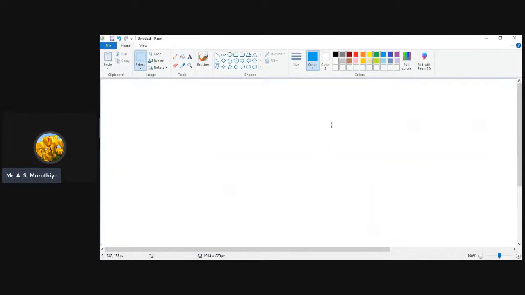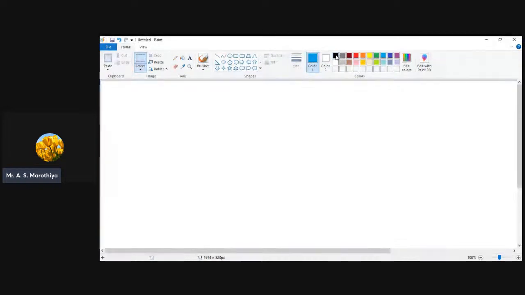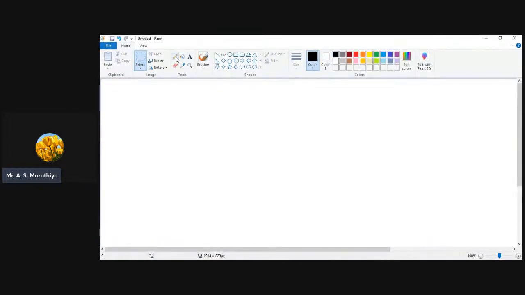Now, let us try to find out the variation of current with respect to frequency. Suppose you're interested in finding the variation of current with respect to frequency, so here we need to take current on the y-axis, and the frequency on the x-axis.